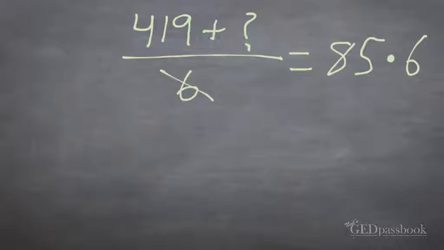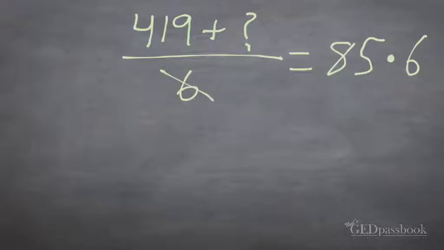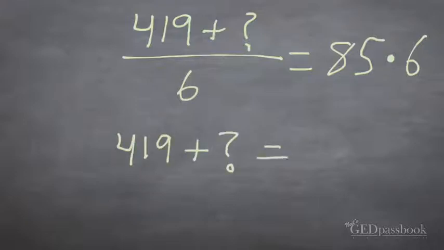We then get the bottom number and throw it to the other side, multiplying it with the mean that we were given, right? So what's 85 times 6? 510, right?